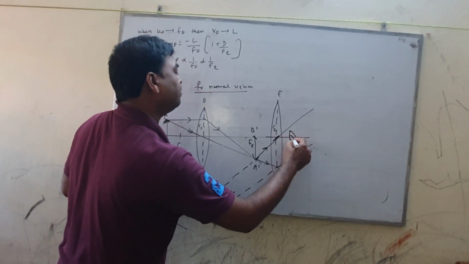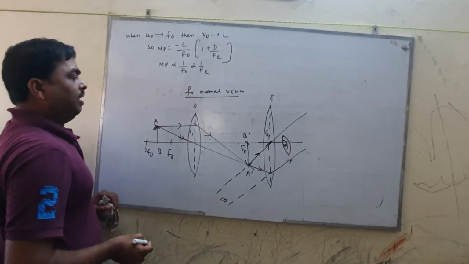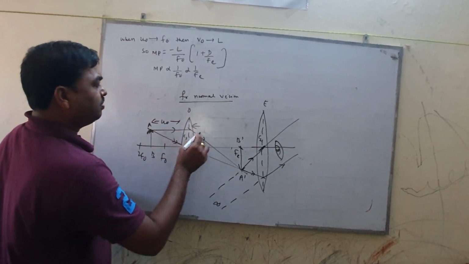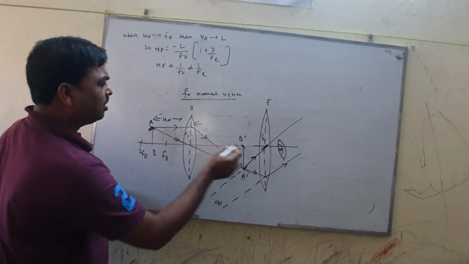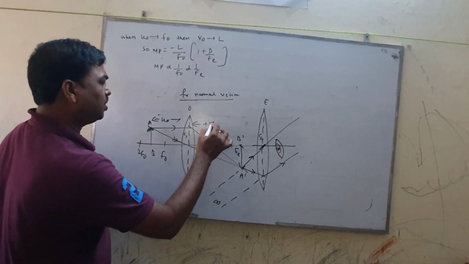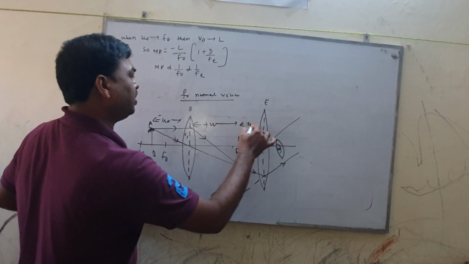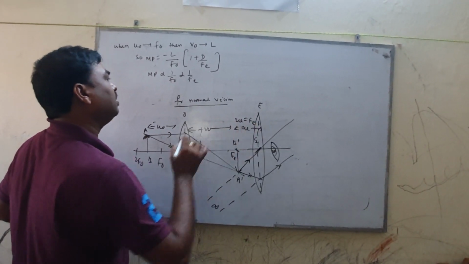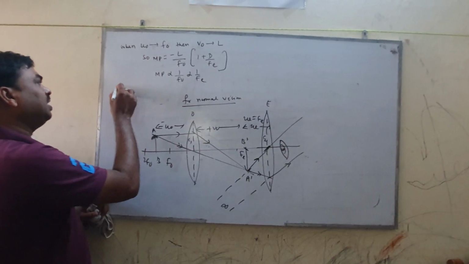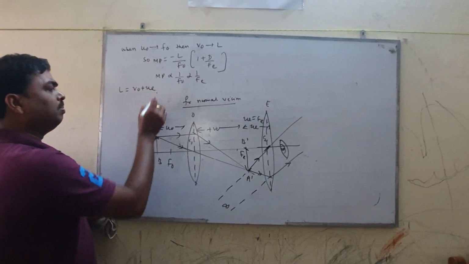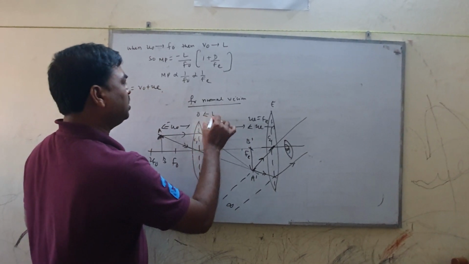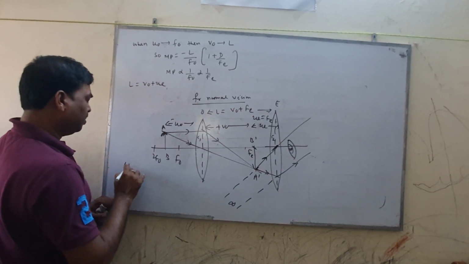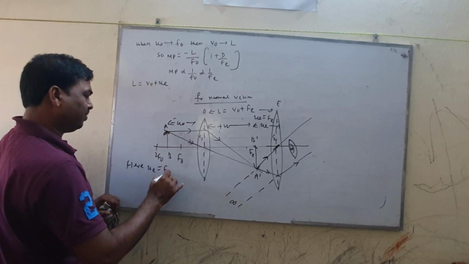There is an eye. In this case, this is UO, with a minus sign convention, and this is VO, plus VO, and this is UV. But here UV is equal to FE. In the distant vision case, the length was VO plus UV, but here the length is equal to VO plus FE. And the only difference is UV is equal to FE.